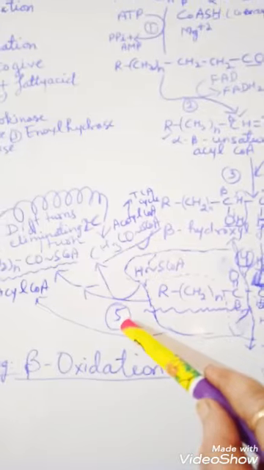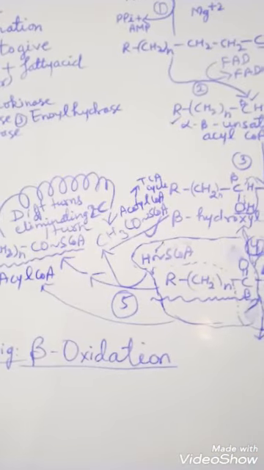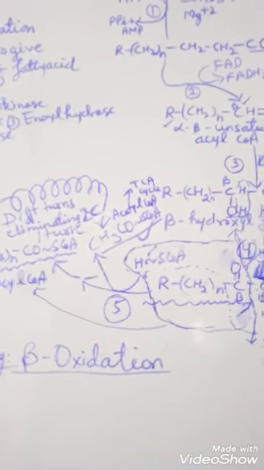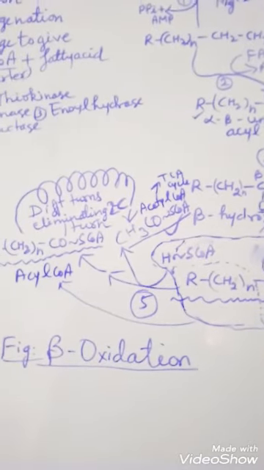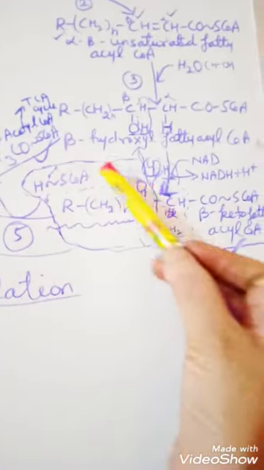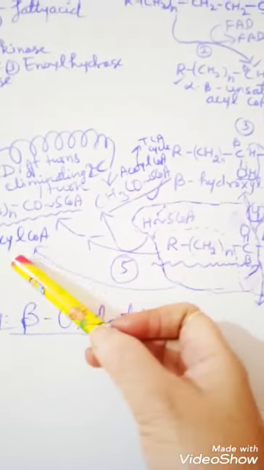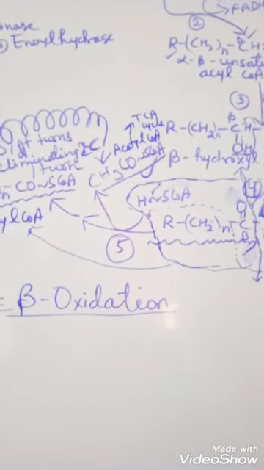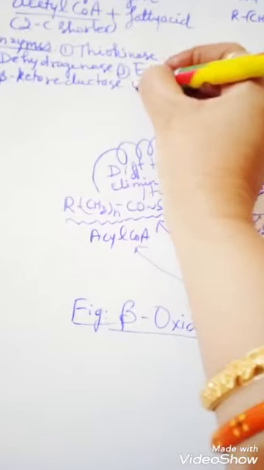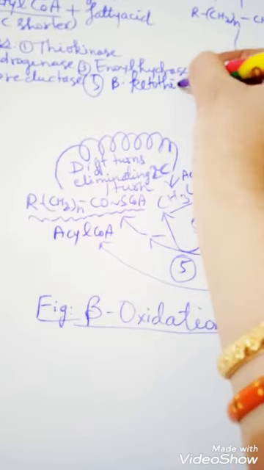Step 5 is the cleavage step in the presence of beta ketothiolase. Here, this is the acyl coenzyme A derivative. You could see this structure will be converted into acyl coenzyme A in the presence of the enzyme beta ketothiolase.